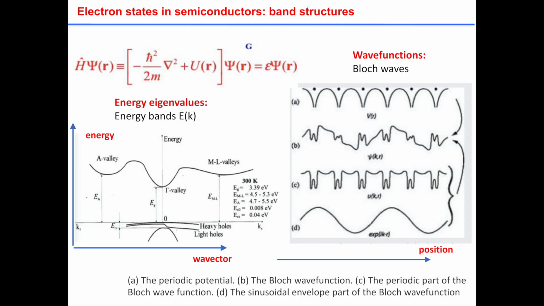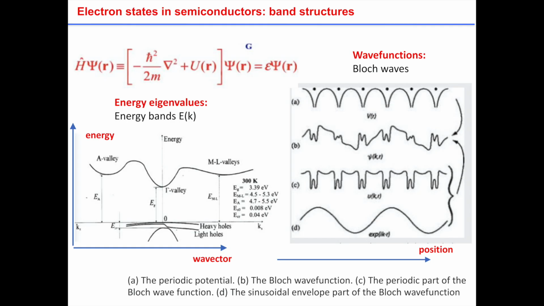And a Bloch wave can go to infinity. There's no disorder there, of course. And then when you compute the energy levels of these electrons, what you find is that the electrons are organized in energy bands. And of course, what is specific to semiconductors compared to metals is that you have what is called a forbidden gap.